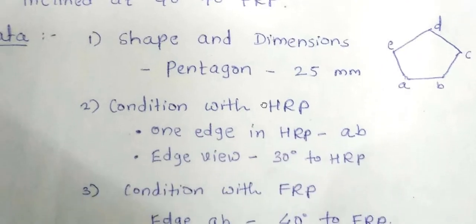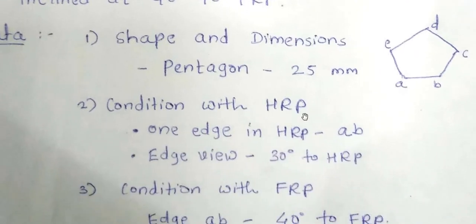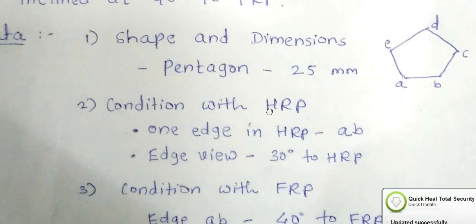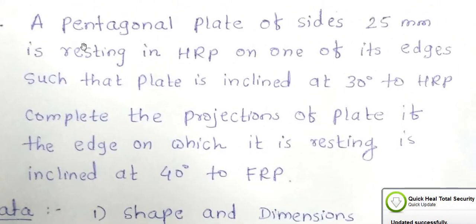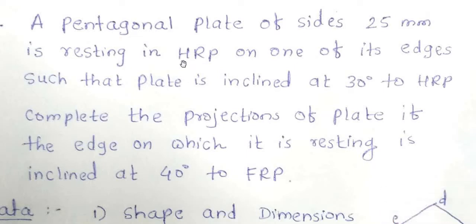Second data is condition with HRP. Whatever there is in the problem with reference to HRP will form condition with respect to HRP. So if you read the problem, a pentagonal plate of size 25 mm is resting in HRP. So here there is a reference of HRP, so it will be a condition with HRP.